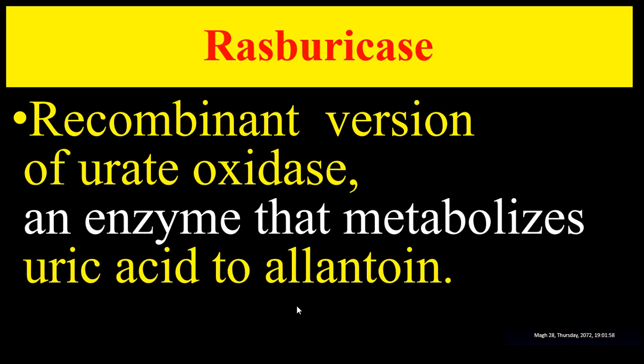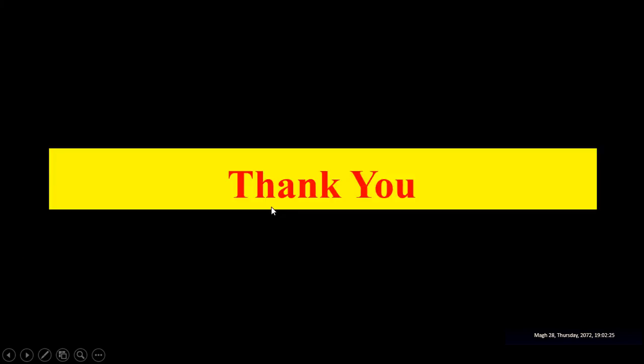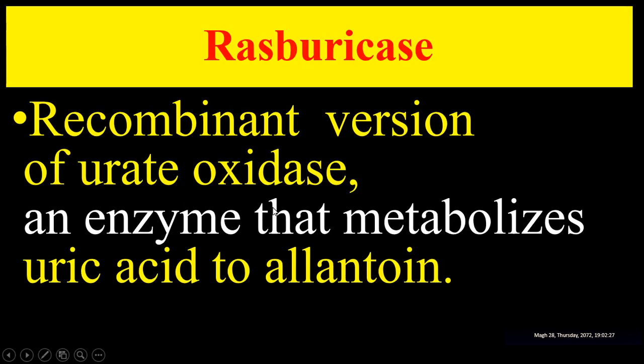So, anyway, the recombinant version of urate oxidase is rasburicase, and the recombinant version of uricase is pegloticase. That's all for today. Thank you.